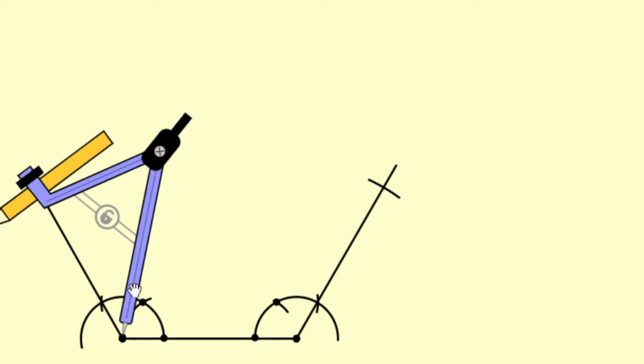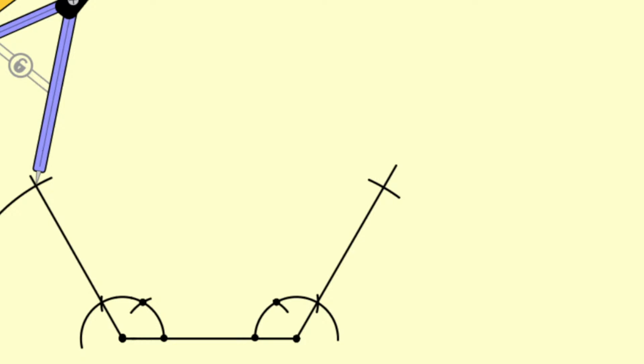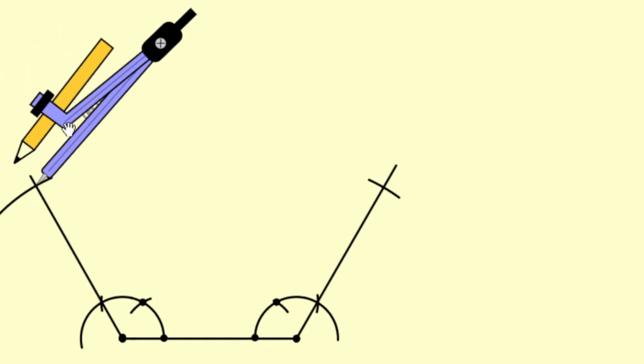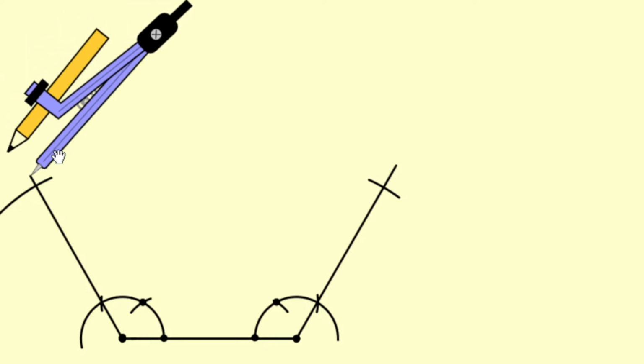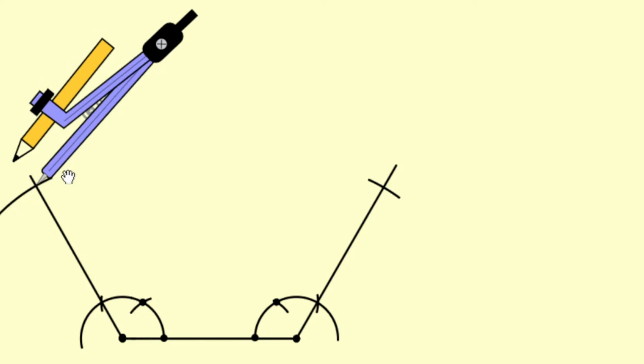So let's start. First of all, with this point as center, you can see I've placed my compass at this point. With this point as center, I have to draw an angle of again 120 degree.